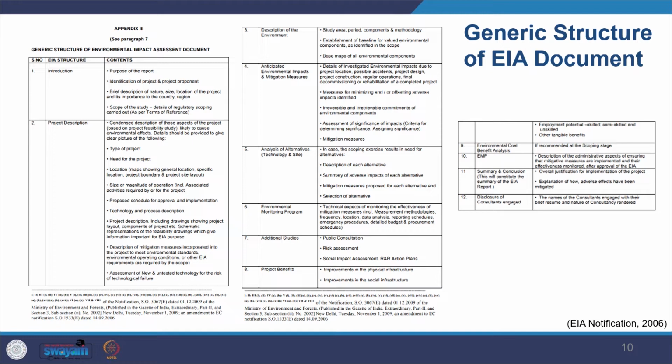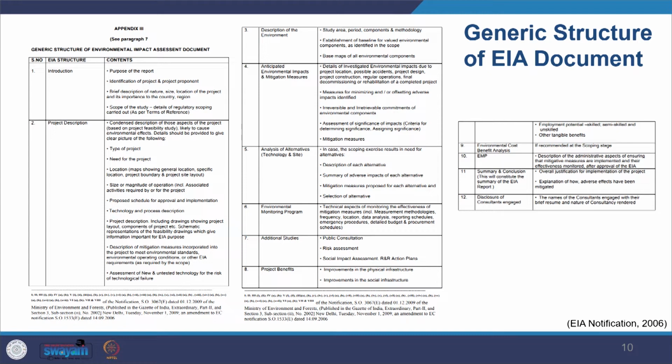Looking at the EIA Notification 2006, you can see here I've taken the snip from the notification. You have the introduction, where you put the purpose of the report, why the report has been prepared. Then you identify the project and project proponent. Then you also tell about the nature, size and location of the project, and its importance to the country and region.